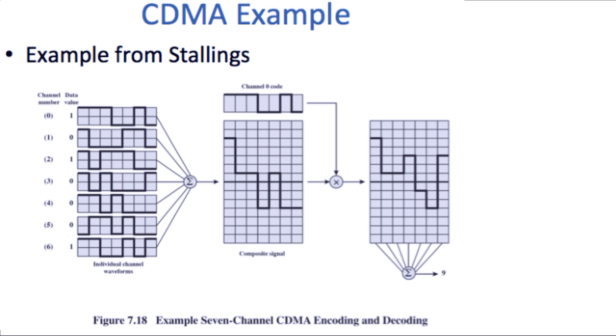Okay, next, what does the receiver do? The receiver gets this signal now, and what the receiver does is just add all of those values. He's going to add 5 + 1 + 1 + 3 - 1 - 3 + 3.